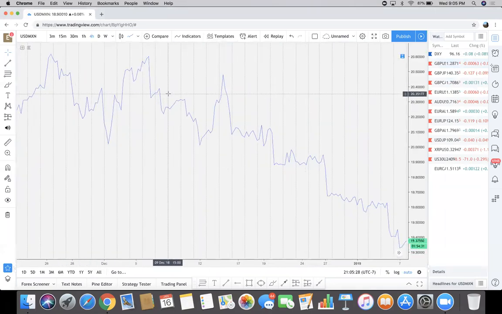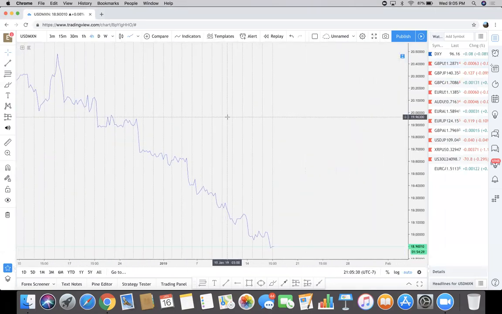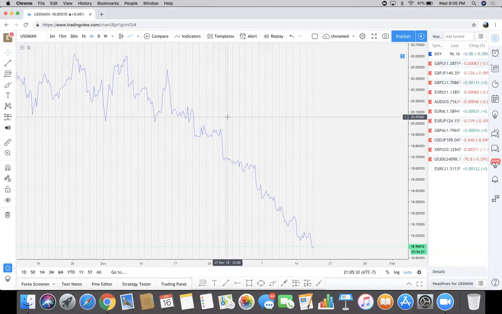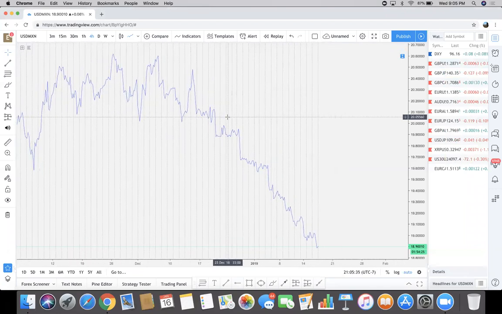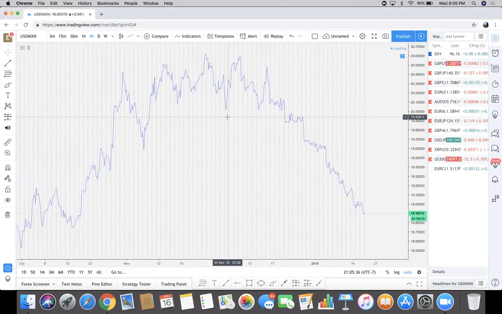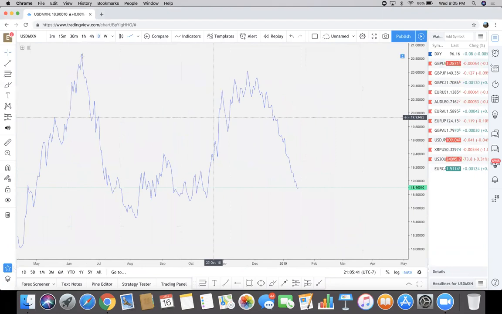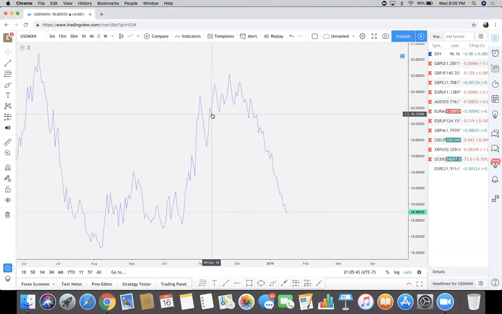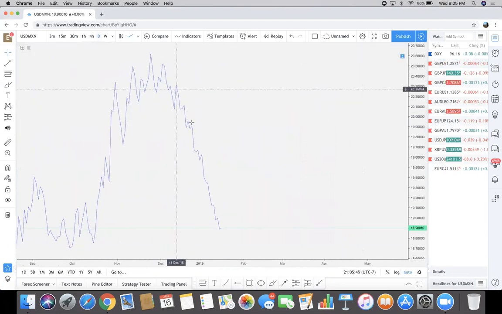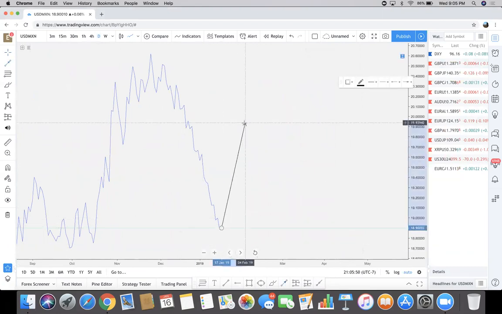Cool. So I know that this pair is pretty crazy, really interesting. I always start off by looking at the daily chart just to get the overall direction. I really don't see any pullback, so this is going to pull back pretty hard back up here.